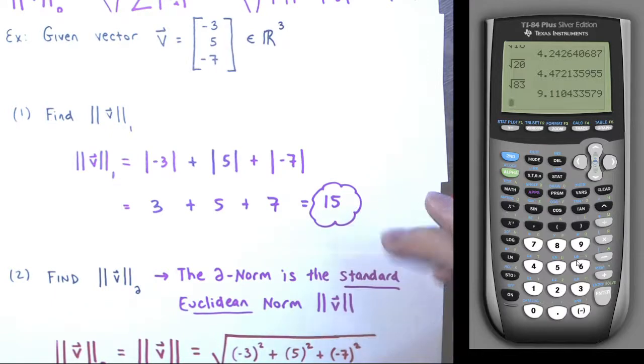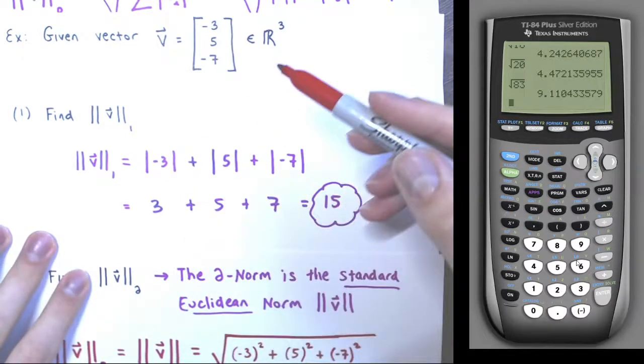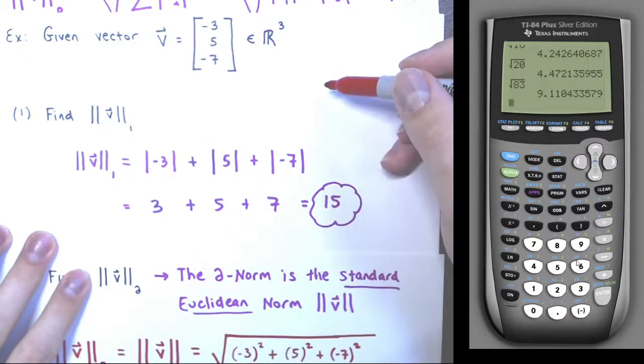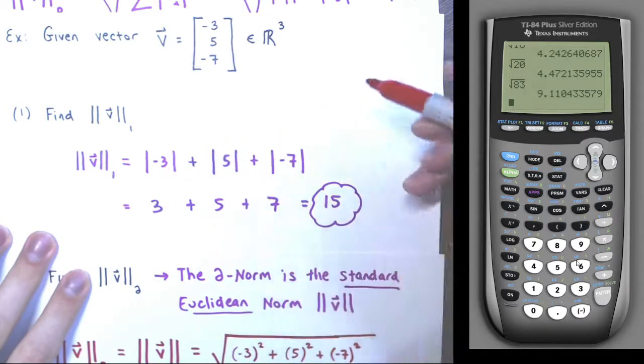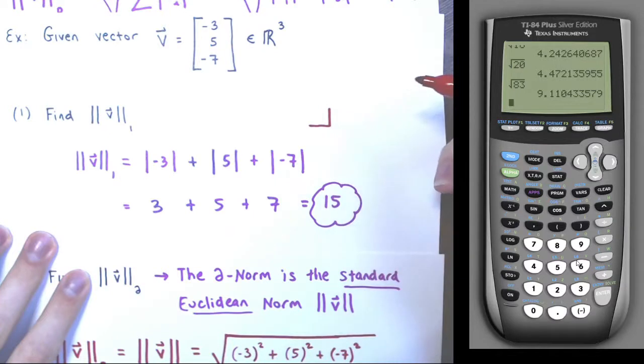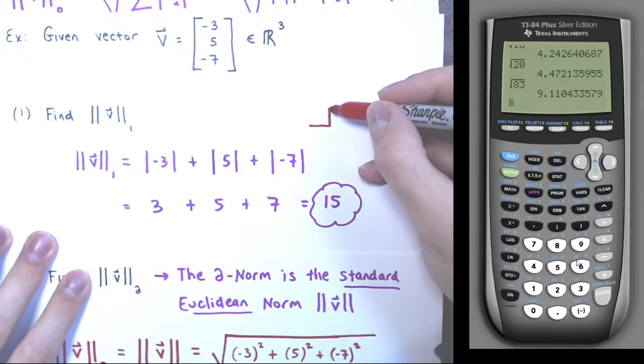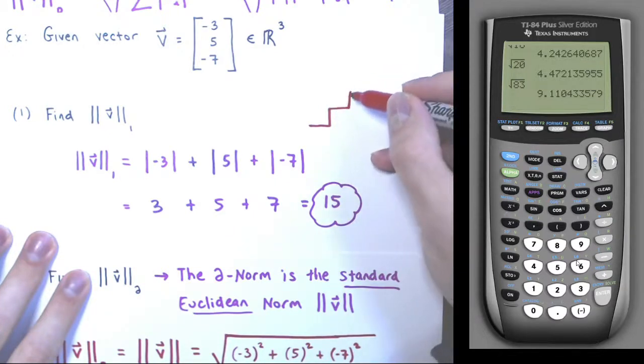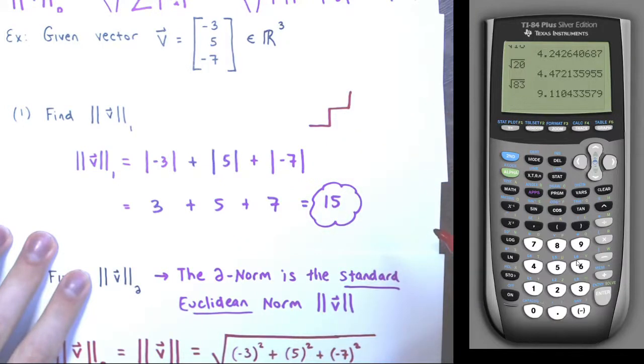Alright, maybe I will get into a little bit more here. Taxicab geometry is if I go from one point to another, when you're driving around a city, you can only go left and right, up and down. They call it the Manhattan norm as well, because you can only go left and right, up and down. You can't cut through buildings. You can only drive on north, south, east, west streets.